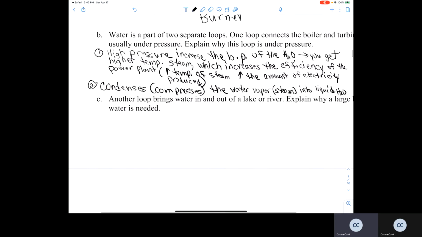Then part C, we've got another loop in that water system that's bringing water in and out of a lake or a river. Explain why a large body of water is needed. It absorbs the heat from the hot water and basically cools it off.